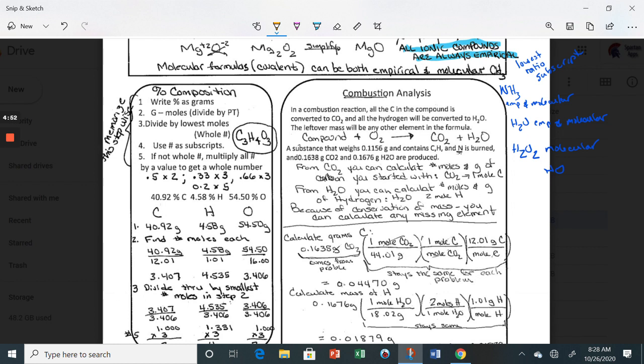This is different, so keep straight the difference between weighted average and percent composition, because you have to know how to do both.